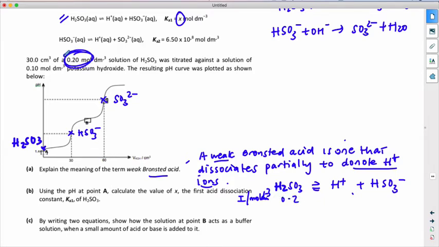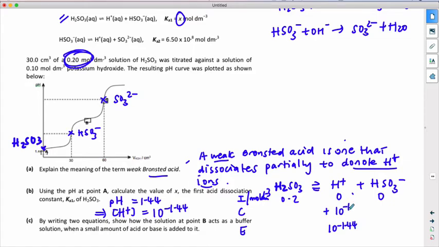Since they told you the pH at point A is 1.44, the H plus concentration is 10 to the power minus 1.44. So in the ICE table, the change is plus 10 to the power minus 1.44 for H plus and HSO3 minus, and minus 10 to the power minus 1.44 for H2SO3, giving 0.2 minus 10 to the power minus 1.44 at equilibrium.